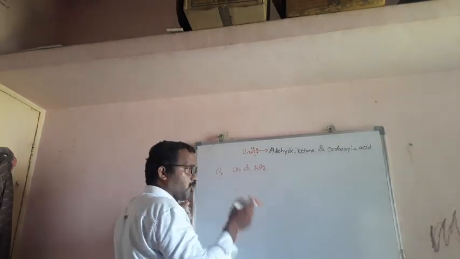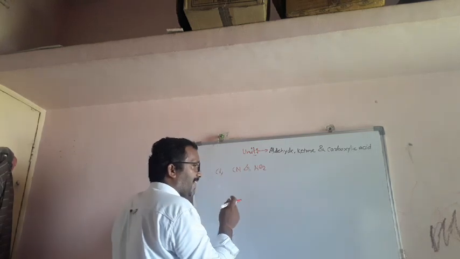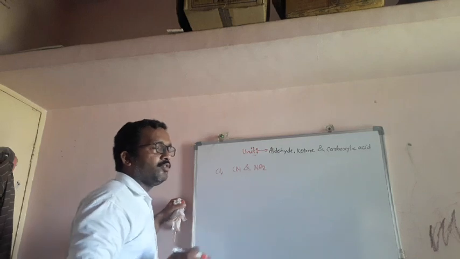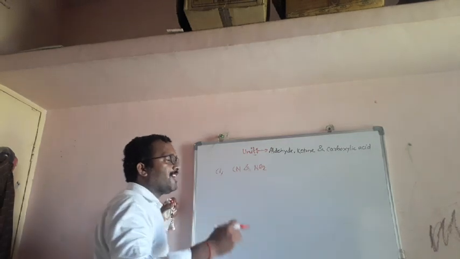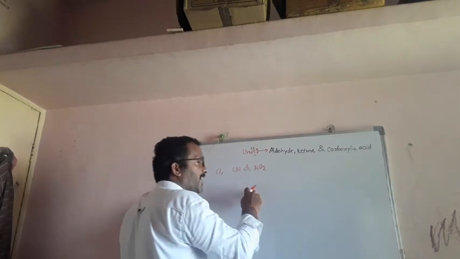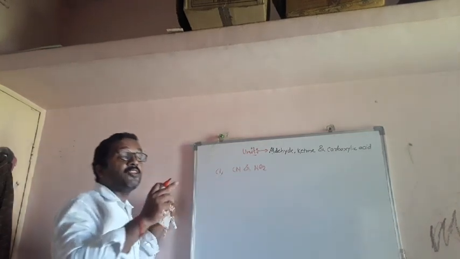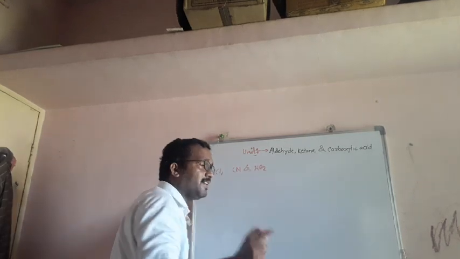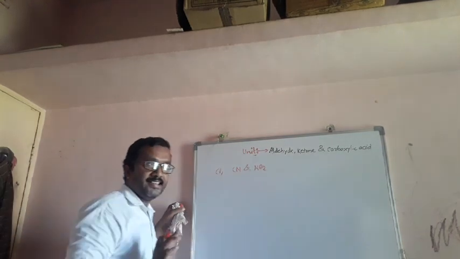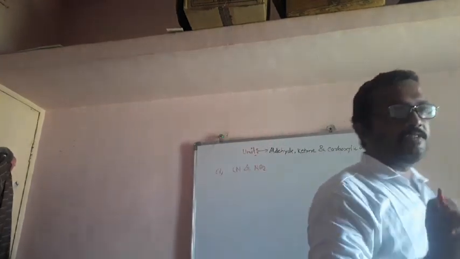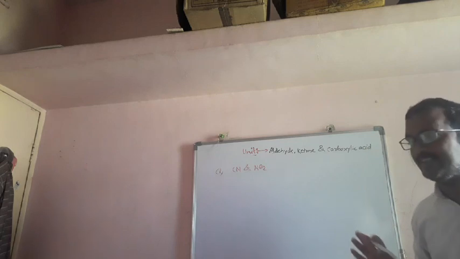When an electron donating group such as OCH3, CH3, or OH is attached to the benzoic acid, the strength of the aromatic carboxylic acid goes on decreasing. This is the strength of the aromatic carboxylic acid.